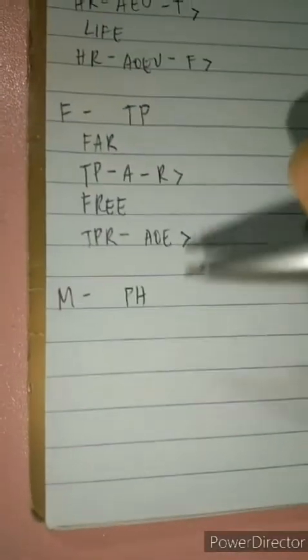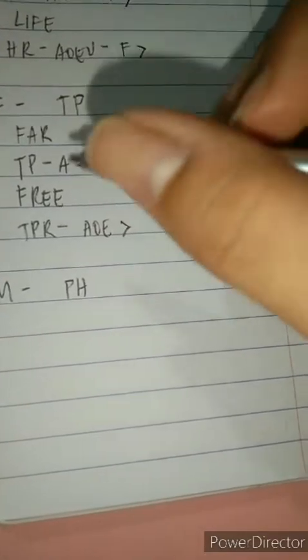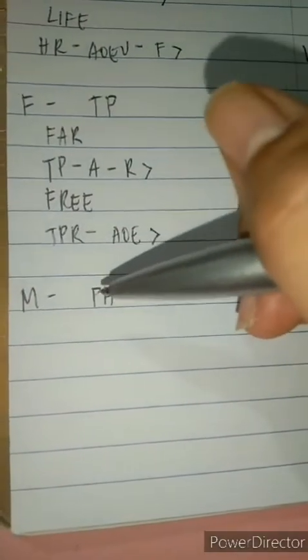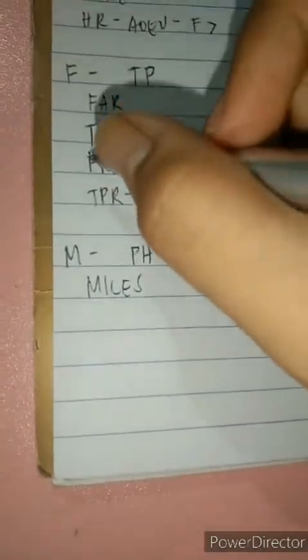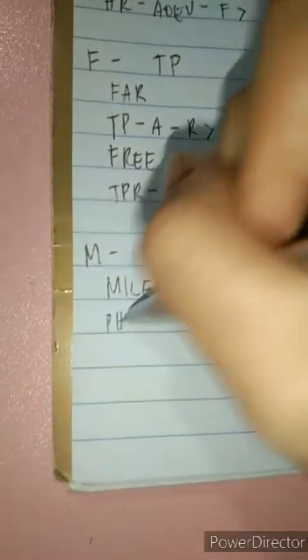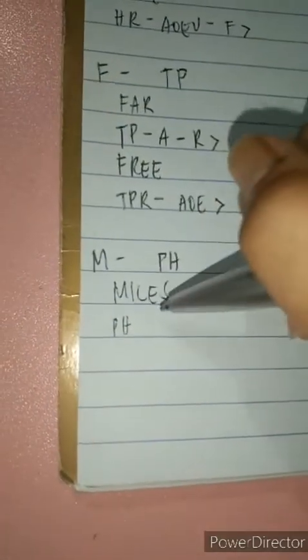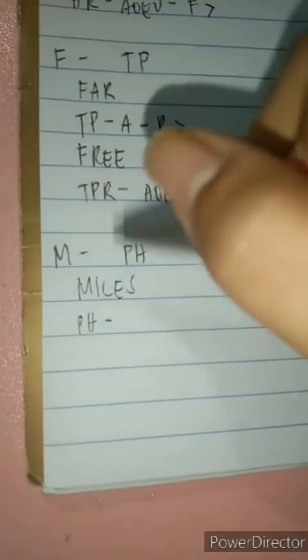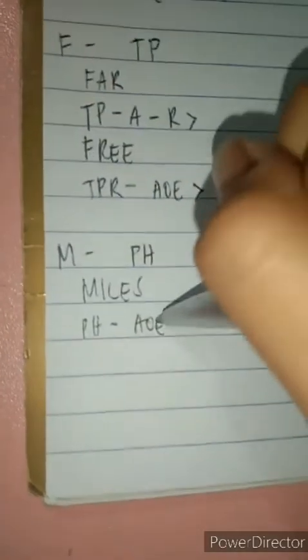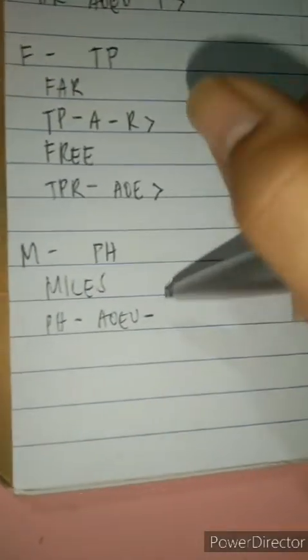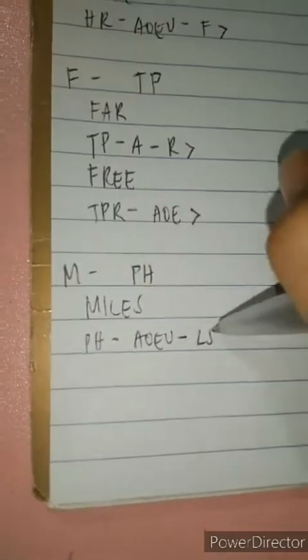And the next, M represented by P and H. So, example, miles. So, PH for the letter M, and then long I, AOEU, and then L, and ending sounds L and S, and then release.